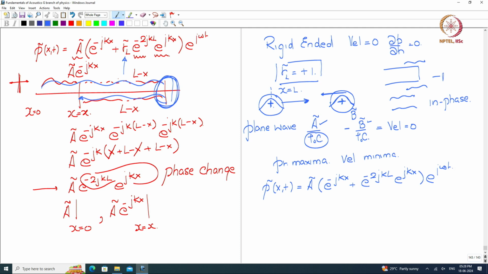Okay, and the particle velocity u(x, t) is equal to [A tilde e to the power of minus j k x by rho 0 c minus e to the power of minus 2 j k L e to the power of j k x by rho 0 c] e to the power of j omega t.